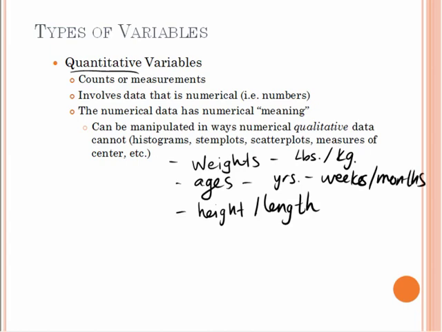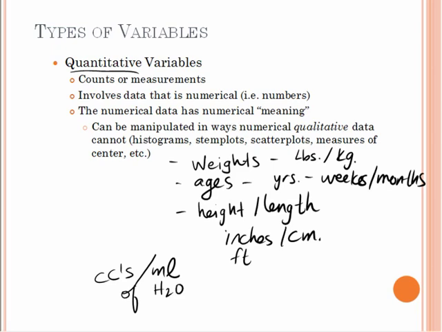Height, again, inches or centimeters, or possibly feet if we're talking adults, right? And I'm sure there's many, many other examples that you could think of. Liquid measurements, cc's, or milliliters of, pick a drug, or how about just H2O, water, right? If I'm administering saline solution, how many cc's, how many quarts, how many liters, okay? Hopefully this makes sense.